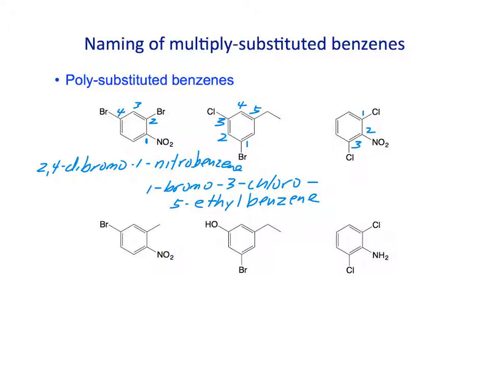What about the bottom left? What would be the parent name? Benzene or something else? Toluene, right? So toluene is right here. How many of you had ever used, when your kid built those model cars or model planes, that glue?